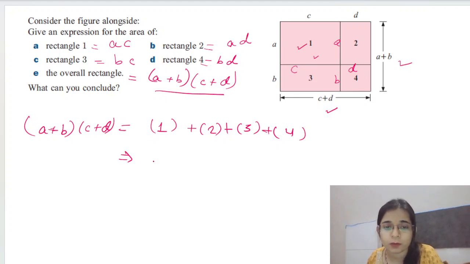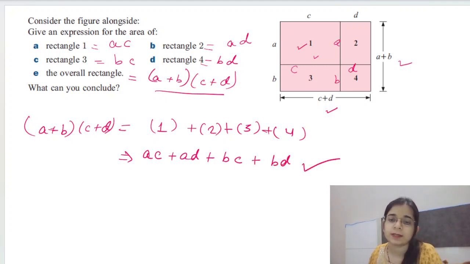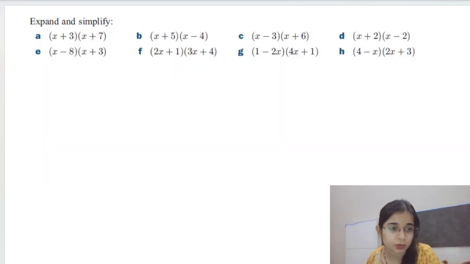So the area of the first one is ac, second one ad, third one bc, and the fourth one is bd. So from here you can directly see this is how this product rule is applied in geometry also, in a rectangle. This is the geometrical representation of this.